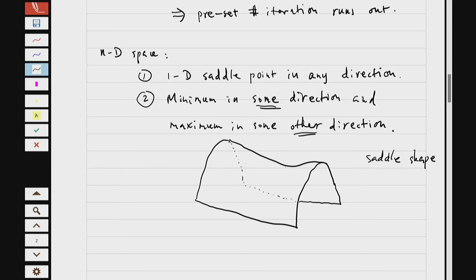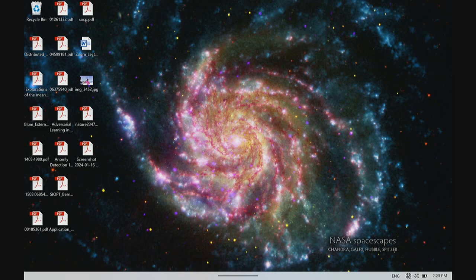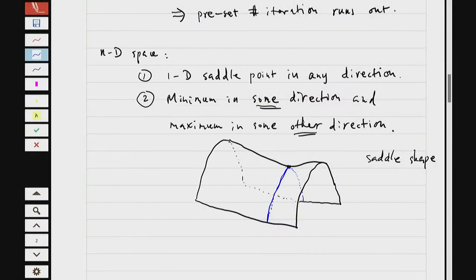So if you look at this point here, and if you look at this line, in the blue line, for the blue curve, it is the maximum point, right? It is a maximum. But then for this direction, this lengthwise direction, it is the minimum. So that's how you draw a saddle, in fact, right?